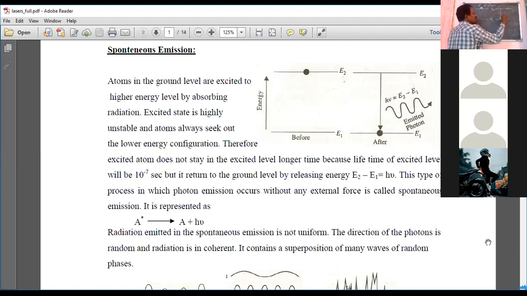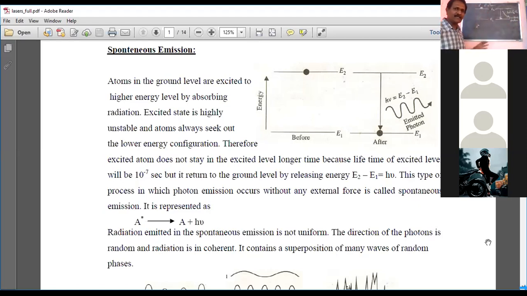By losing energy, I mean losing the exact amount of energy, which is h nu, equal to the difference between the energy states, that is E2 minus E1. So this which is present over here is known as the emitted photon.